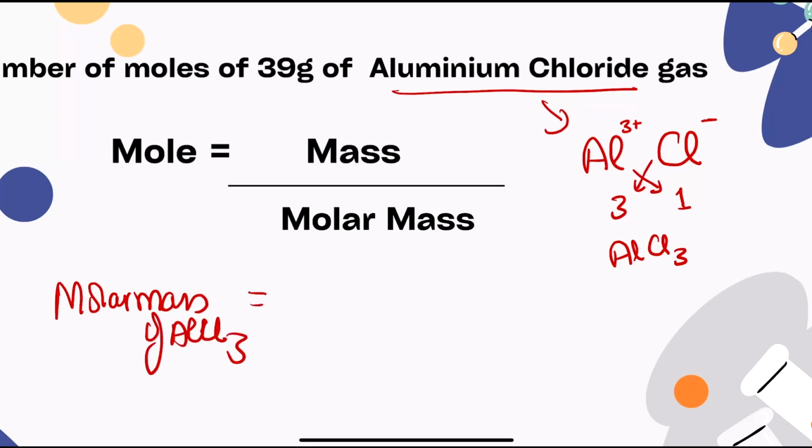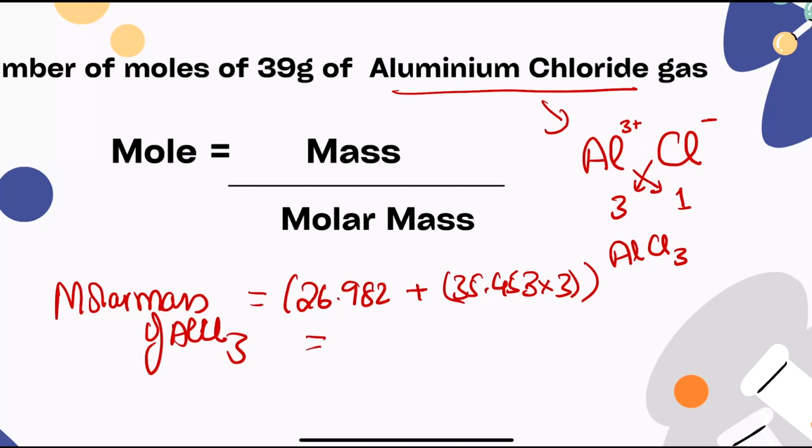So let's pull up the periodic table and we're going to quickly look at it. You would notice that chlorine has a mass of 35.45, whereas aluminium is 26.982. So aluminium is 26.982 plus 35.453, right? But do I have only one chlorine? No, I don't. I have 3 of them, right?